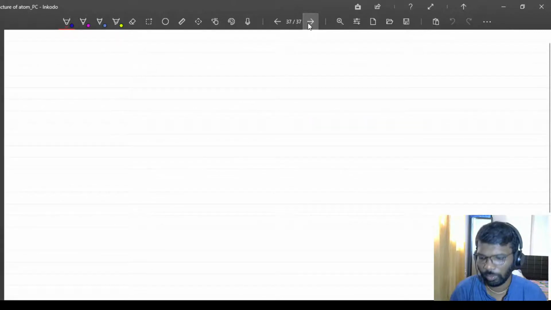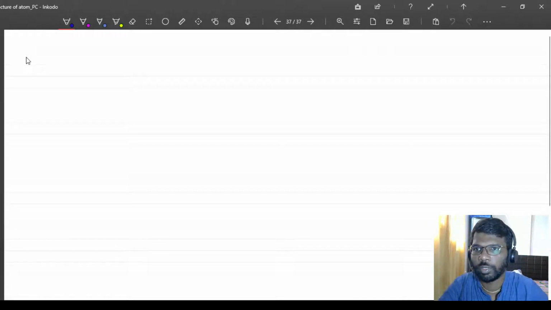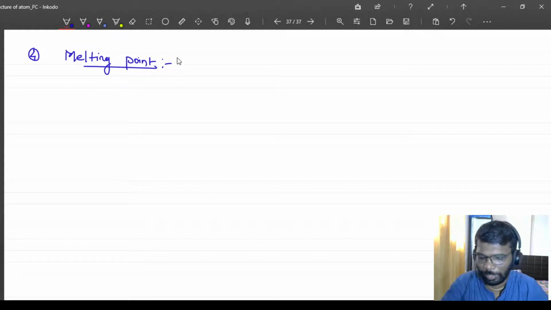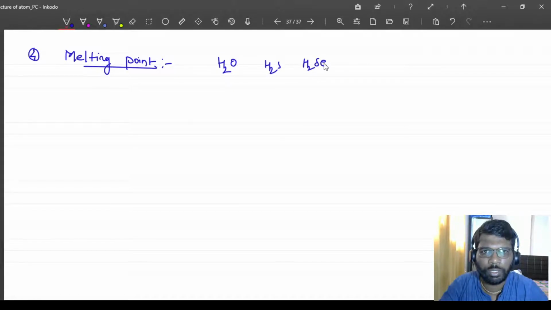Next is melting point. The fourth property with respect to hydrides is melting point. So the melting point of these hydrides, H2O, H2S, H2Se and H2Te.